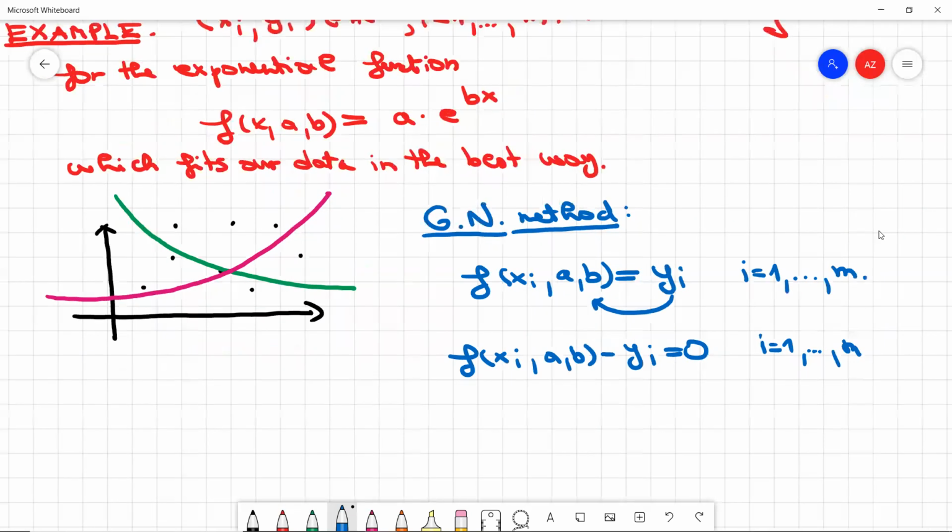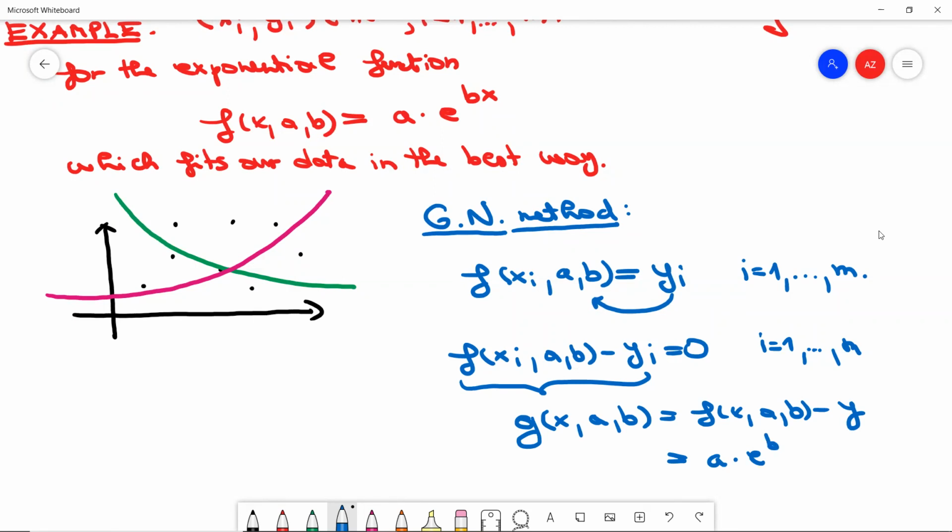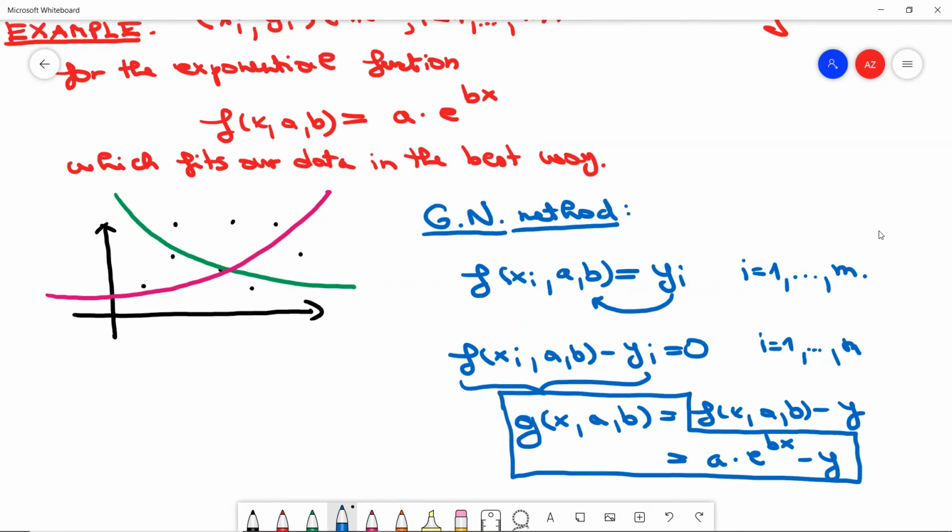So these are our coordinate functions. These are our g of x, a, b, which is just f of x, a, b minus y, and now I plug in the actual rule for f. So this is a times e to the power of bx minus y. So these are our coordinate functions. We have m of them when we plug in every point.